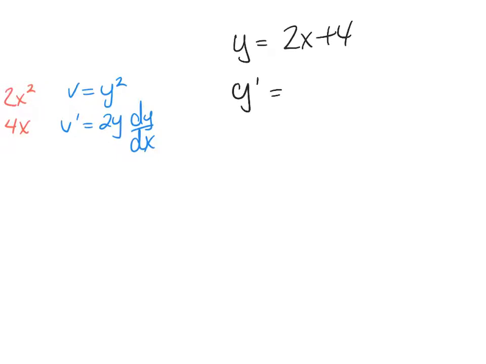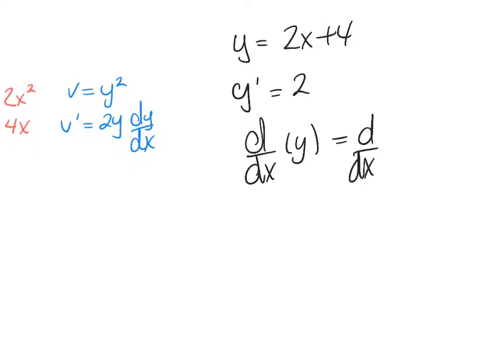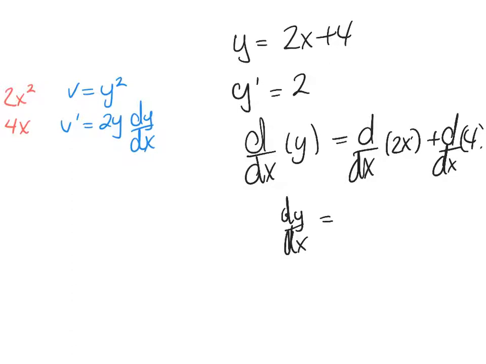Because if you were doing y is equal to 2x plus 4, that y prime is the derivative with respect to x of y, and you're doing the derivative with respect to x of 2x, and the derivative with respect to x of 4. Well, this is dy dx on the left-hand side, and this is just 2, but we can write dy dx as just y prime.